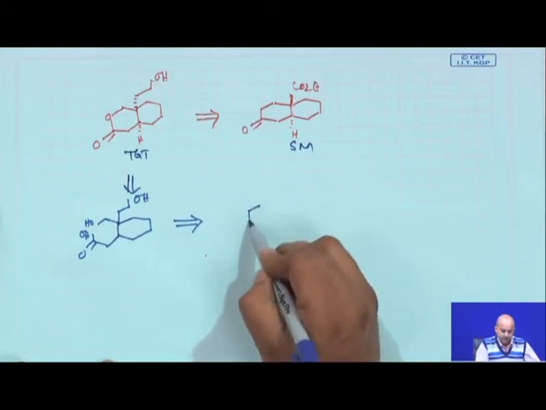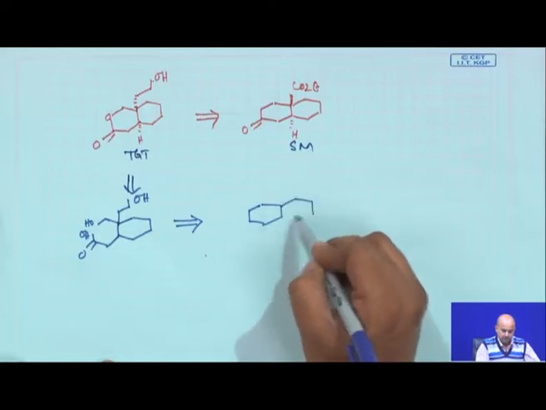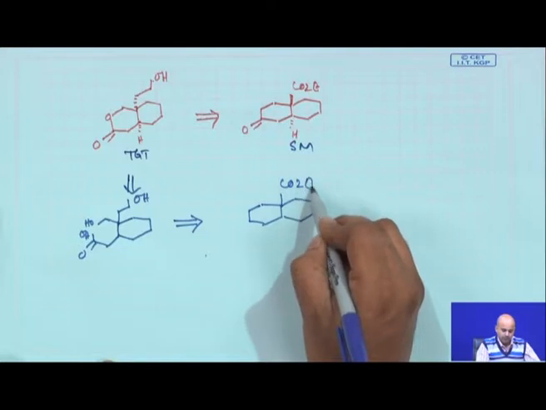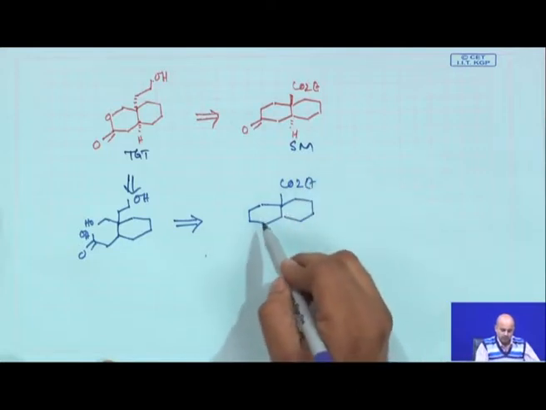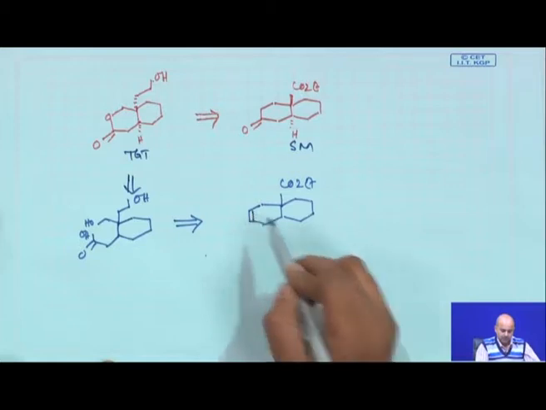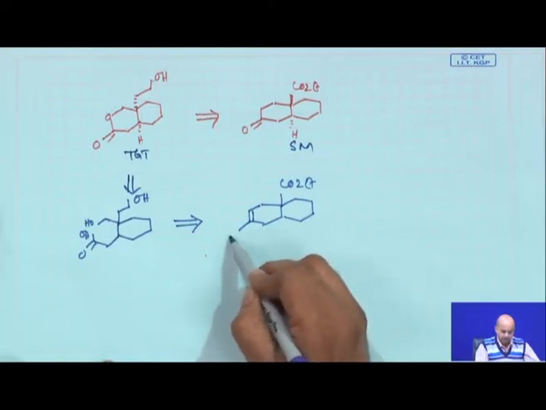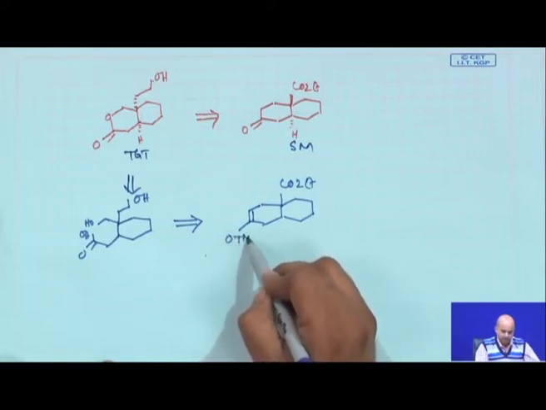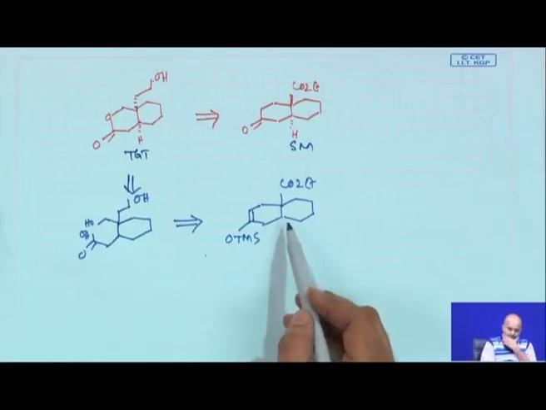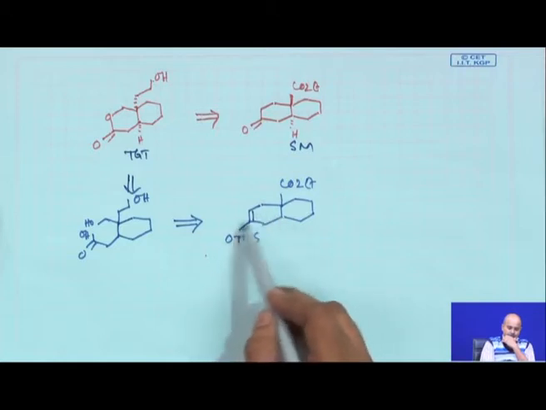Now we say that we formulate an intermediate, which is basically... if you have this intermediate, you basically do an ozonolysis, right.